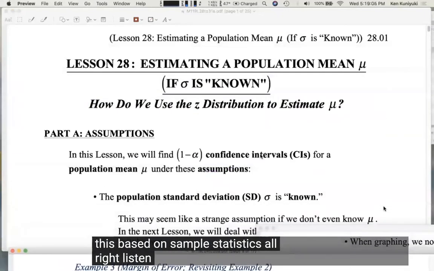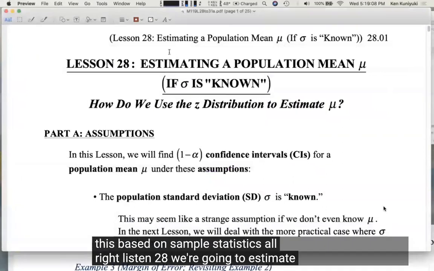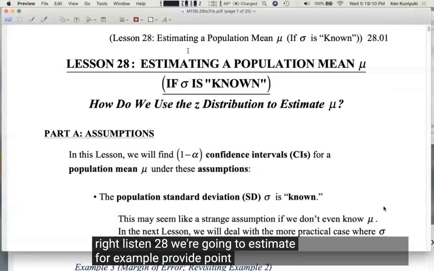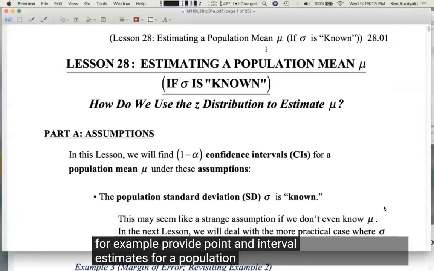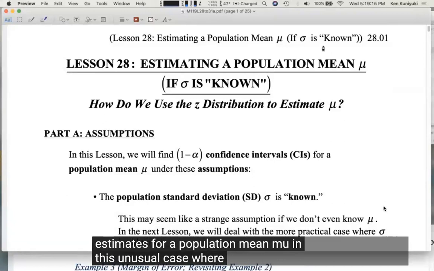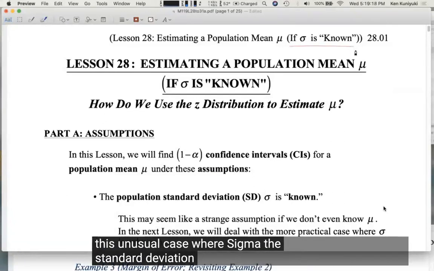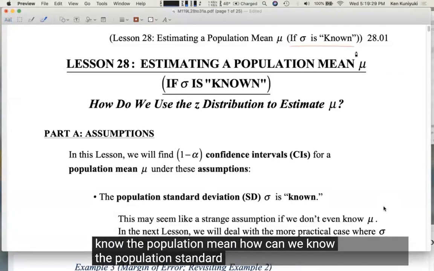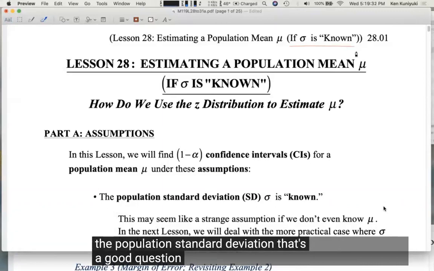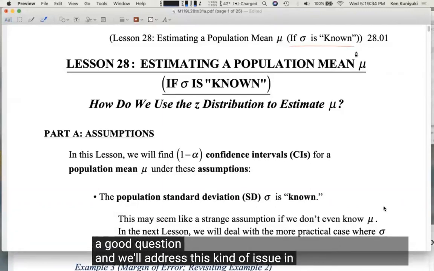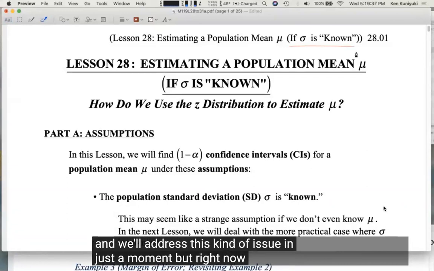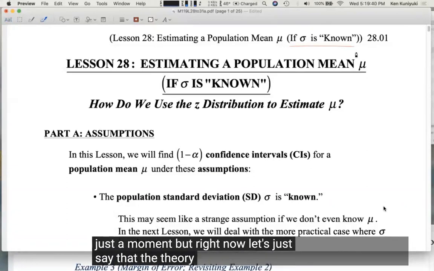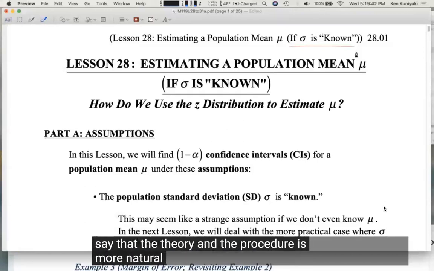All right. In lesson 28, we're going to provide point and interval estimates for a population mean mu in this unusual case where sigma, the population standard deviation, is known. Now you might legitimately ask, well, if we don't know the population mean, how can we know the population standard deviation? That's a good question. And we'll address this kind of issue in just a moment. But for right now, let's just say that the theory and the procedure is more natural in these cases.